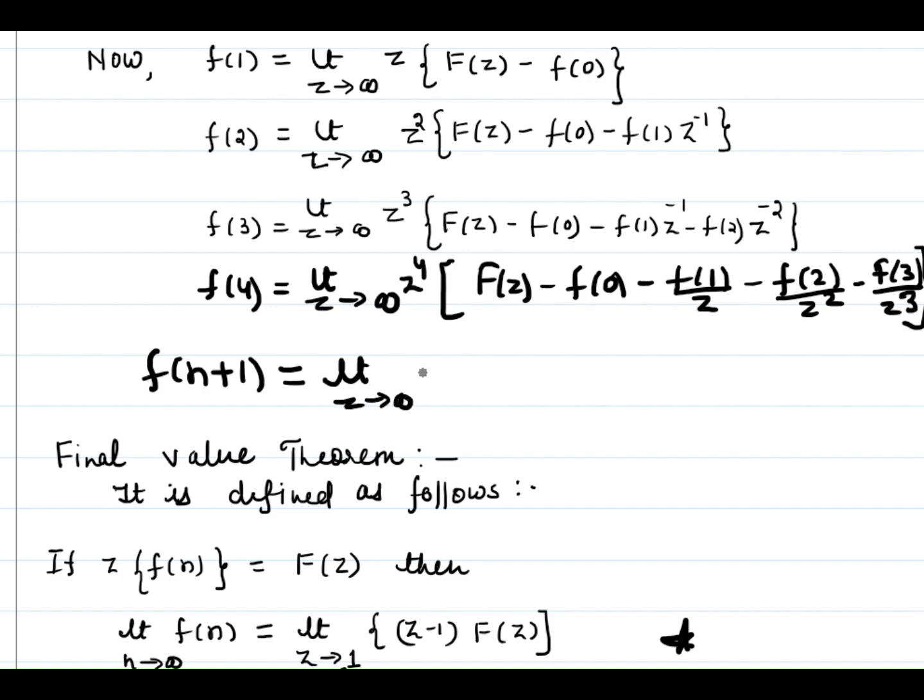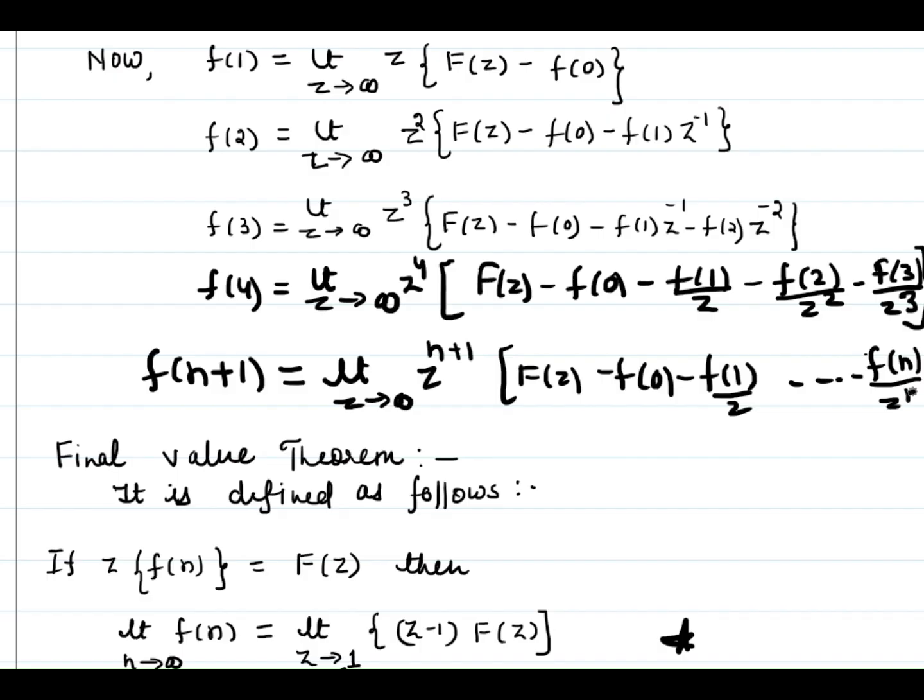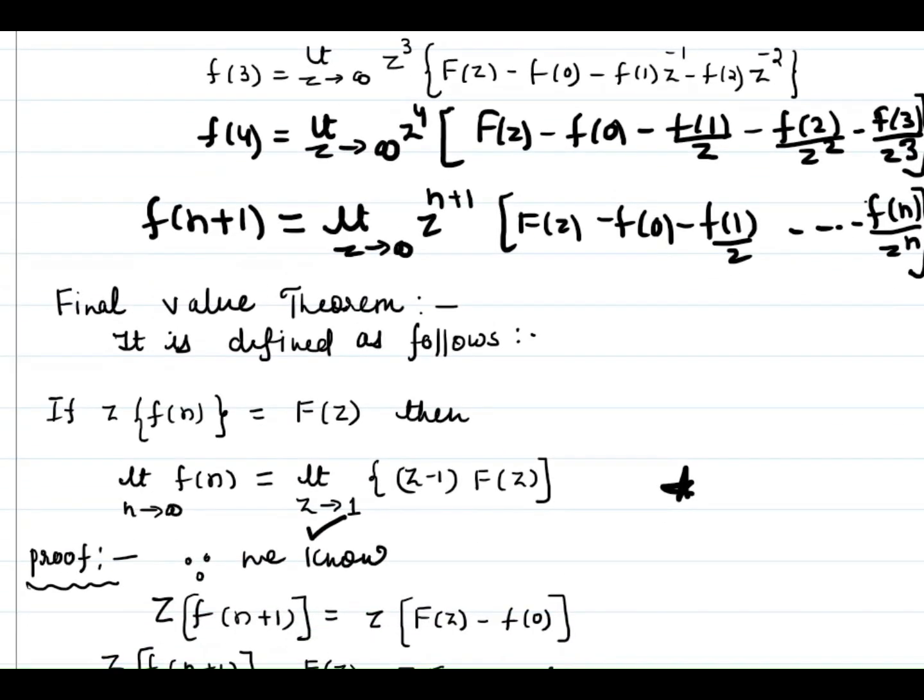Here, for 4 we will write z to the power n plus 1. Here we can write F(z) minus f(0) minus f(1)/z, and so on up to, like it is n, it is 4, so here you are stopping at 3, it is n plus 1, so we will stop this at f(n)/z to the power n. So in this way we can use this concept.